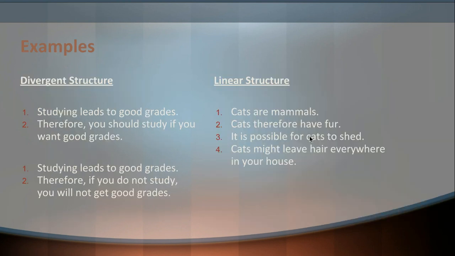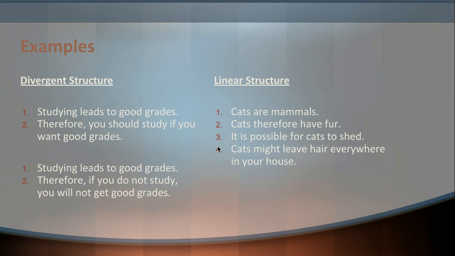We can see this sort of thing with the linear structure argument again. Here we have cats are mammals, cats therefore have fur, it might be possible for cats to shed, and so on. But if premise one is false, if cats are not mammals, if it turns out they're a funky sort of chicken or something, then the rest of that argument no longer seems as rational or as well supported as it did in the first place.